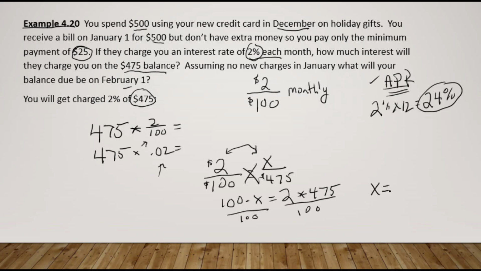And I'm going to get, for all three of them, $9, right? 475 divided by 100 is 4.75 times 2 is 9.50 it looks like. And I'll check that on my calculator to make sure. So that's what you would pay for the month's interest.